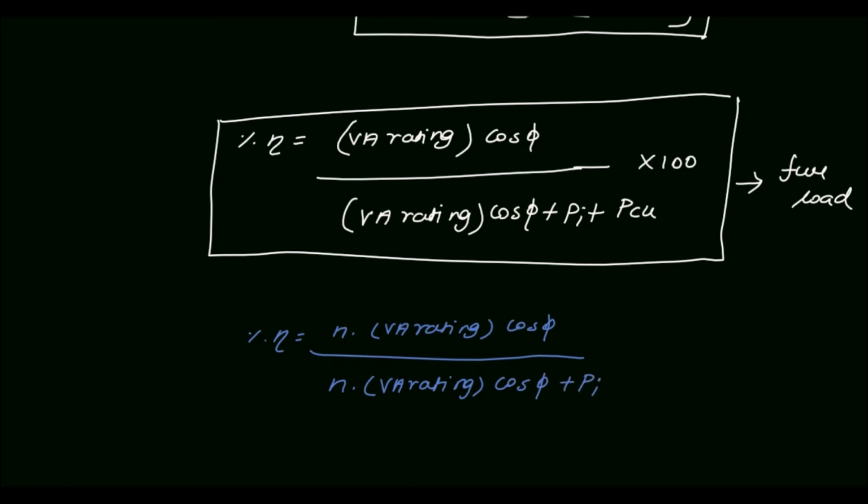The iron loss will remain the same, it won't change with respect to the load. The copper loss will be n squared into P copper loss at full load, into 100.